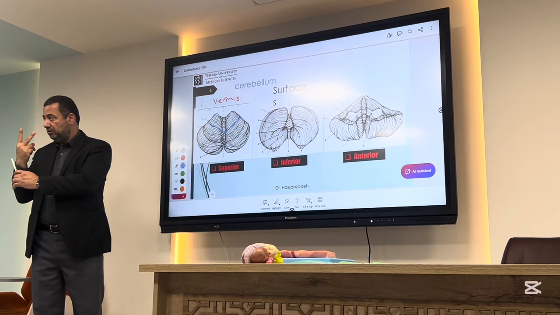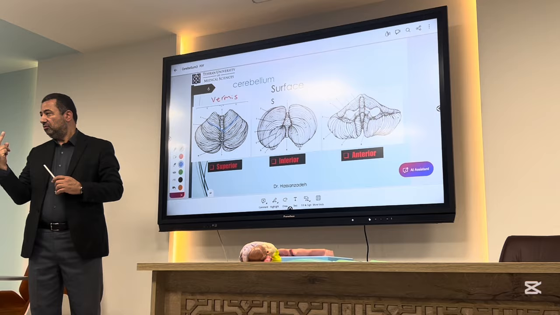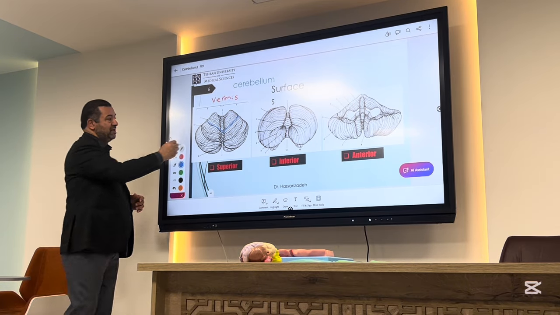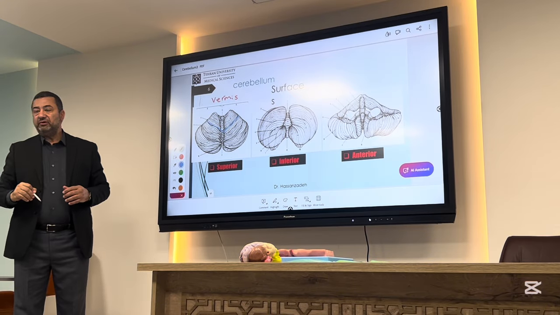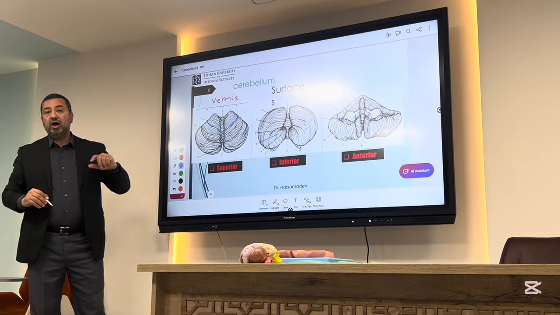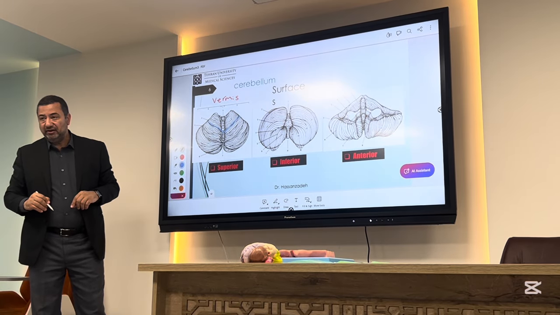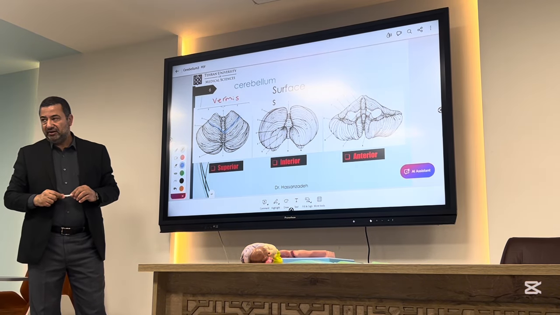V shape, similar to Arabic 7 or Farsi 7. This sulcus between anterior lobe and posterior lobe of the cerebellum is called primary fissure, or fissura prima.